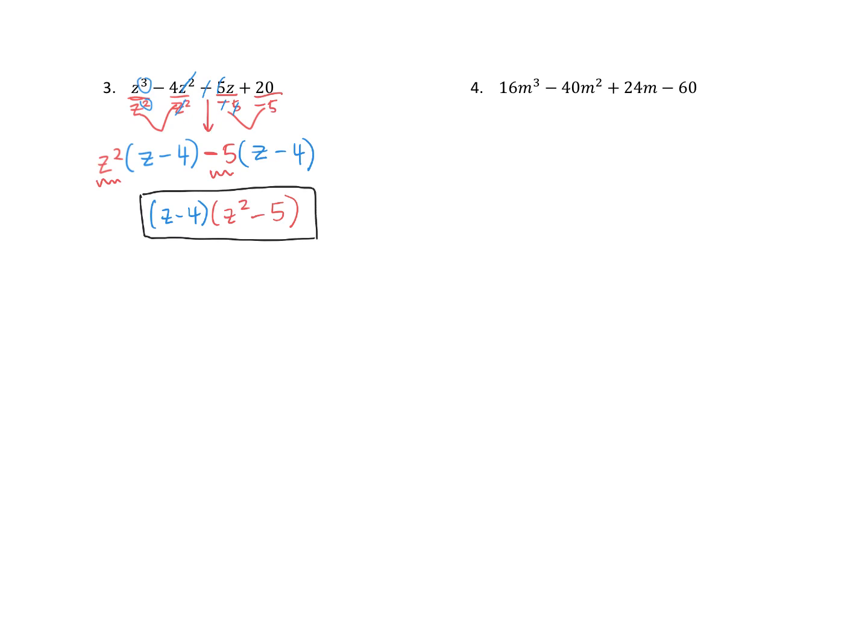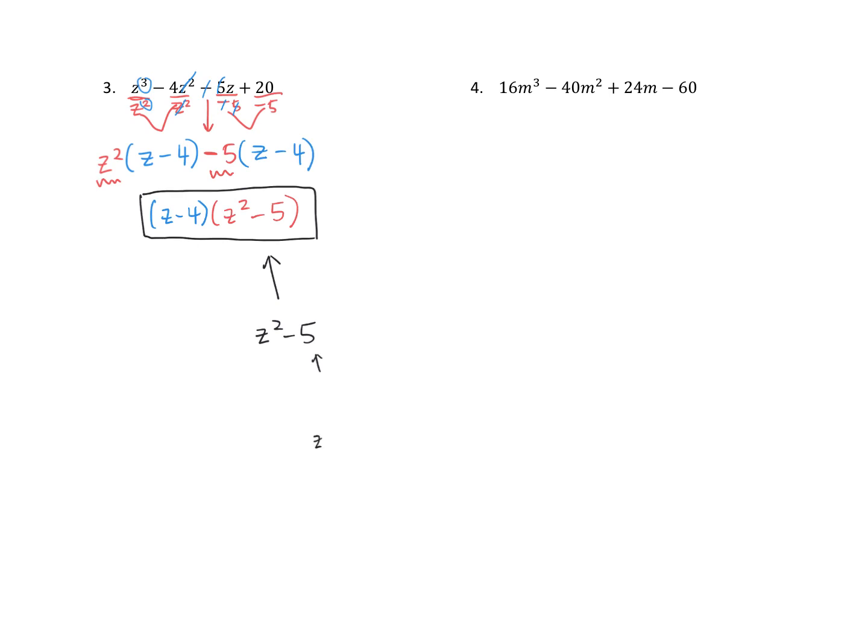Now, whenever you have a factor like what we have in red here, it's z squared minus 5. If you still have an exponent on your variable, you should be thinking, can I factor that more? So if you have learned about difference of squares, this is possibly factored if the 5 was a perfect square.